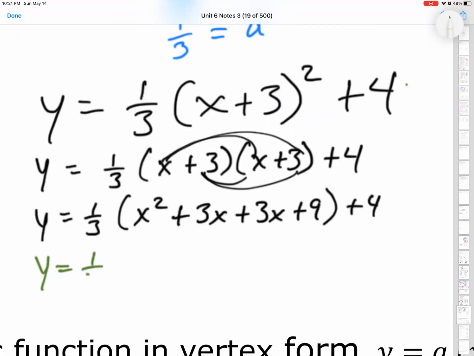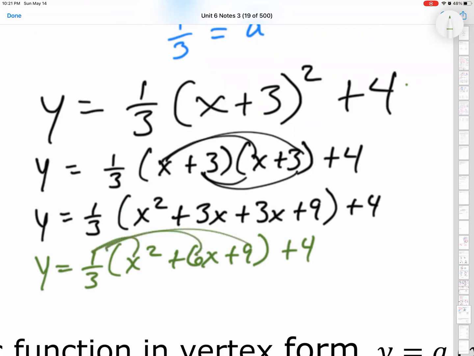We can bring together some values. So we end up with x squared plus 6x plus 9 plus 4. And now we're going to go ahead and distribute. So we end up with y equals 1/3 x squared plus 2x plus 3 plus 4.